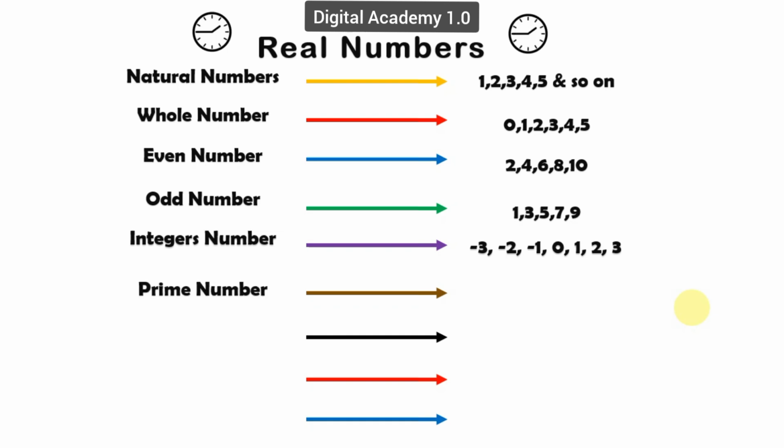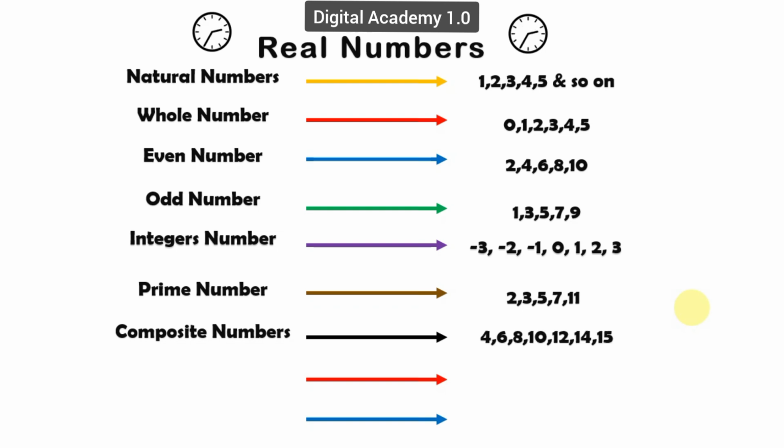Those numbers which have only two divisors, one and itself. For example, 2, 3, 5, 7, 11 and so on. Next, composite numbers. Those numbers which have more than two divisors. For example, 4, 6, 8, 9, and so on.